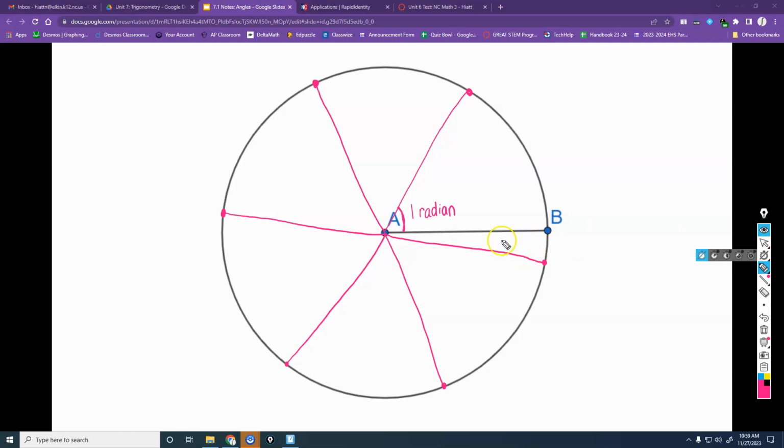You might not have this little sliver right here. But if you do it perfectly, it should look like I have, where you've got 6 pieces that are all the same size, and then you've got a little bit of a sliver left over here. Okay? Now, each one of these angles right here is what we call a radian.